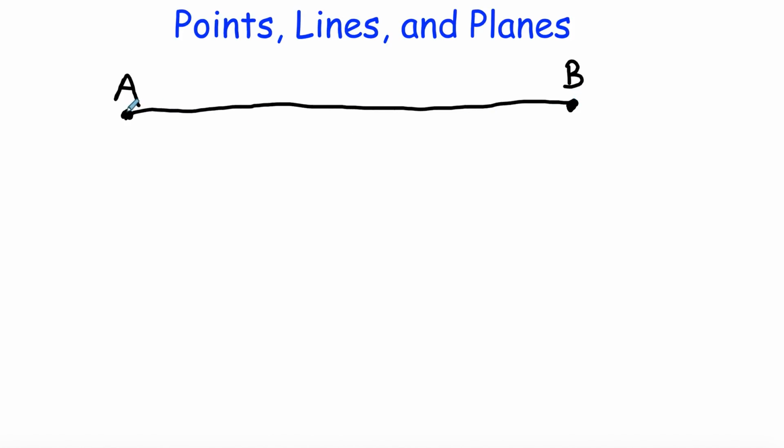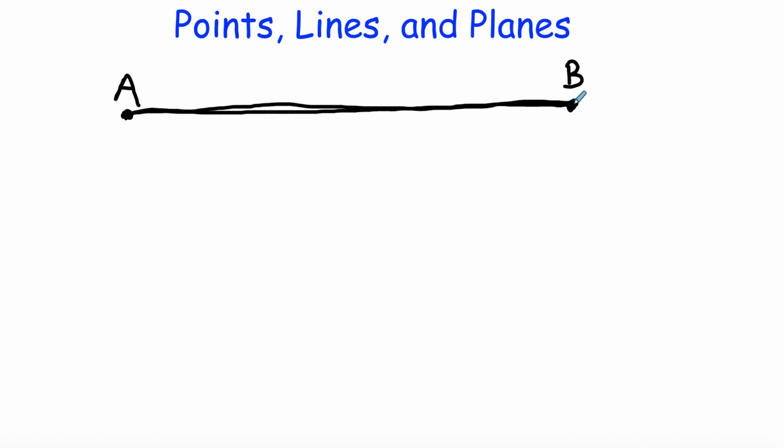So a straight path drawn from one point to another is called a segment. So let's say I have 2 points. Let's call this point A, and over here we have point B. Then the straight path between them, and I'm going to try and draw this as straight as I can, but obviously it's not perfect.